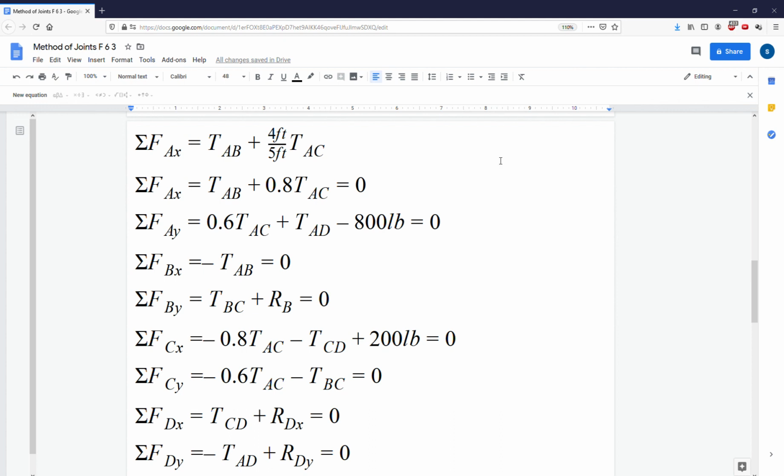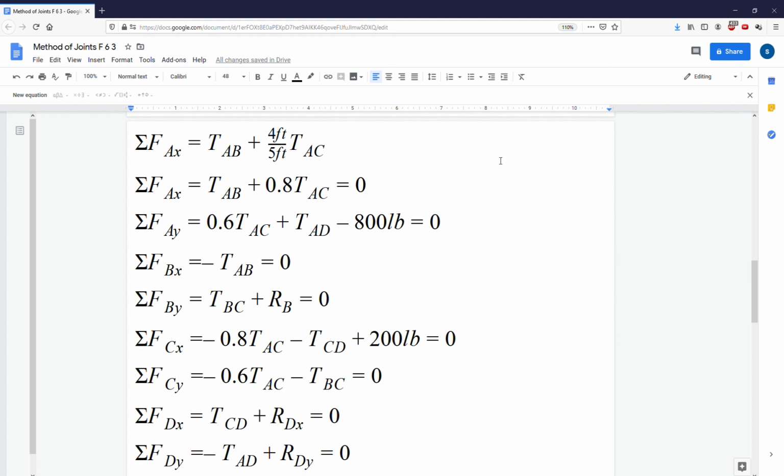For joint C in the x direction, there are 2 members pulling it in the x direction. AC pulling it down and to the left, and member CD pulling it directly to the left. There is also the load force of 200 pounds pulling it to the right. So the sum of forces on joint C in the x direction is negative 0.8 TAC minus TCD plus 200 pounds.